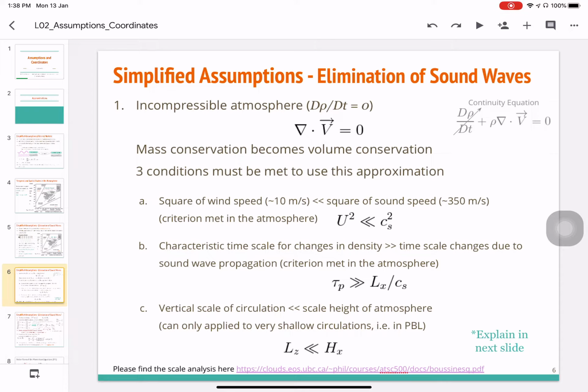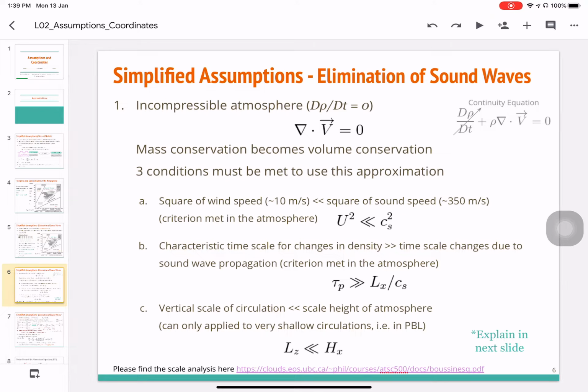The second one is that the time scale for the change in density should be much larger than the time scale of change due to sound wave propagation. You can also think of it as the period of sound waves. So the period of the change in density due to the air motion should be much larger than the time scale of sound waves.